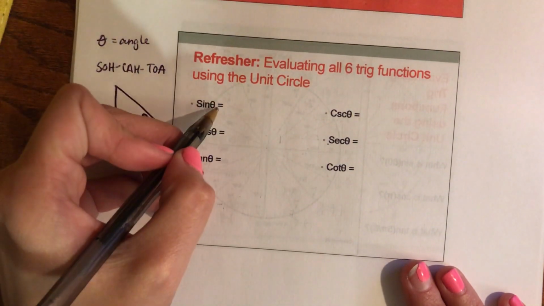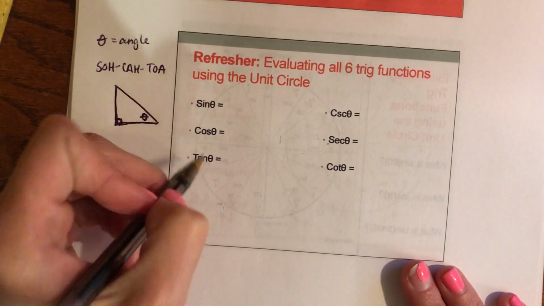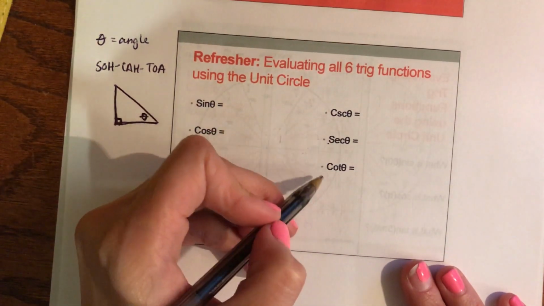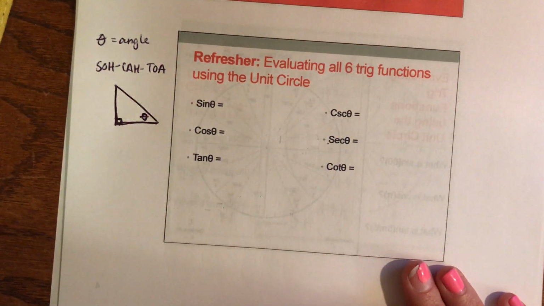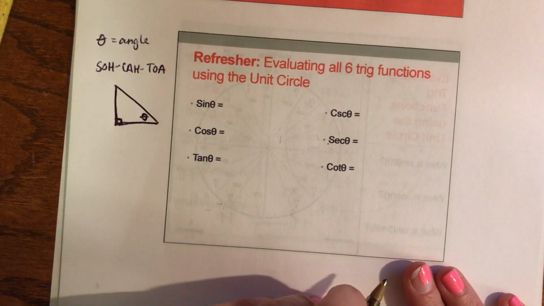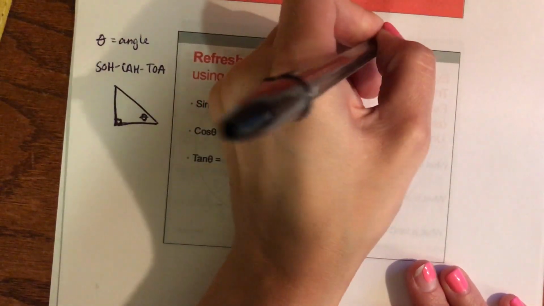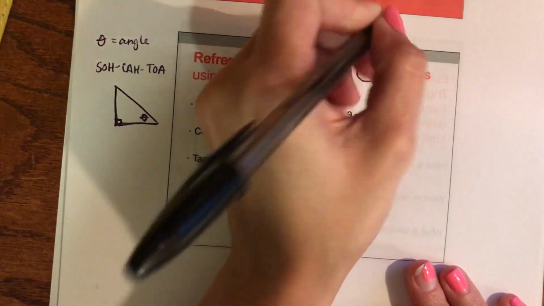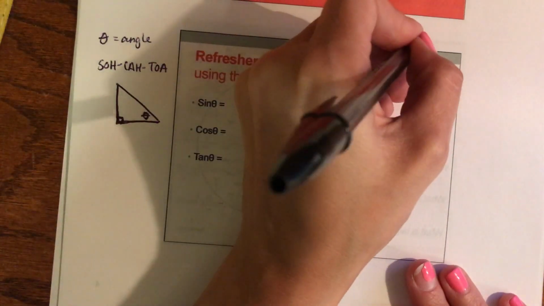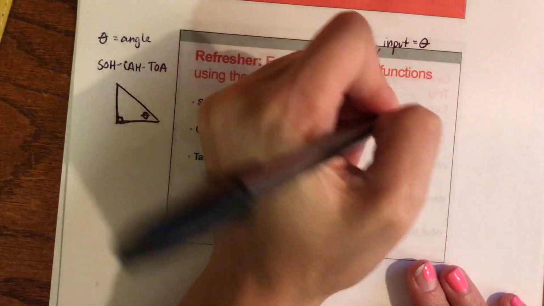Anything you put inside of a sine, cosine, tan, cosecant, secant, or cotangent function will always be an angle. That's what goes inside of here. So for trig functions, your input or your independent variable is an angle, theta.